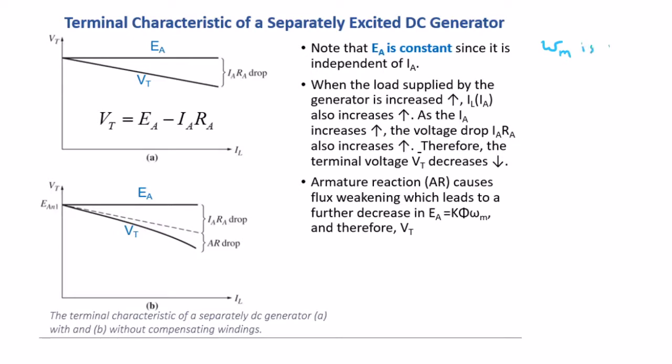You can use omega m or nm depending on what unit you are using, whether it is radian per second or revolution per minute. So from the KVL, we did find that EA equals VT plus IA RA.